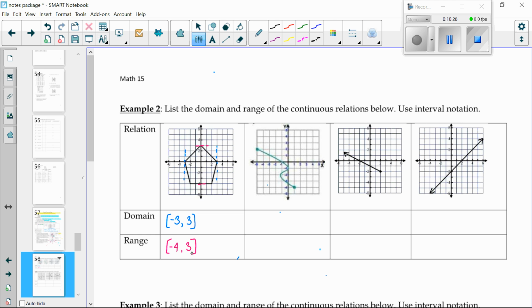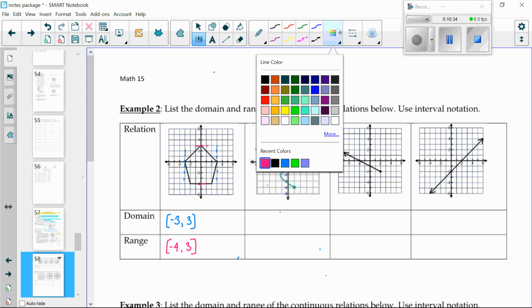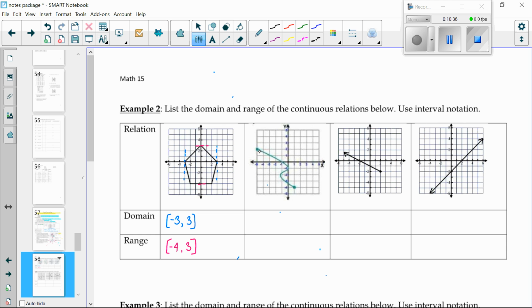Okay, now let's take a look at the next one. So I have, for my values for x, my points are closed right here, so I'm going to use square brackets. My smallest value for x is at -4, and my largest possible value for x is at +1. So, -4, comma, +1.